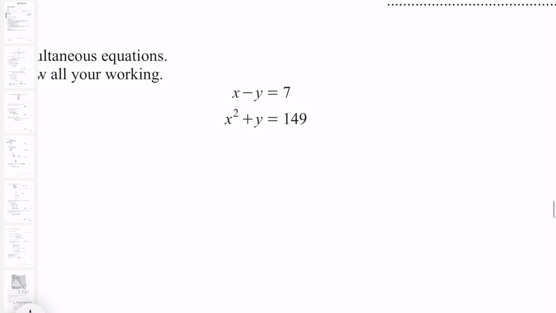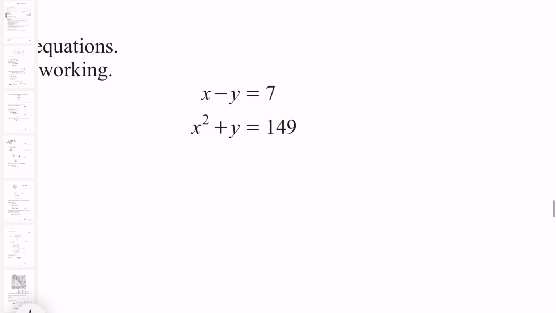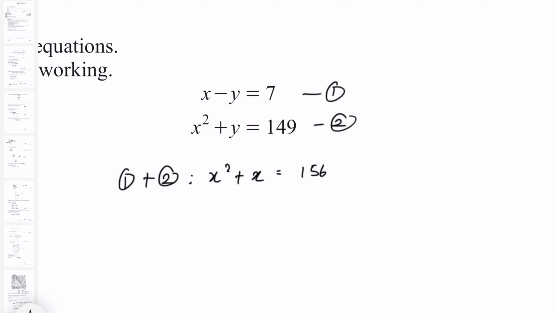Solve the simultaneous. Okay, so this is equation 1, this is equation 2. I'm going to add them. So 1 plus 2, that equals x squared plus x equals 149 plus 7, that's 156. So x squared plus x minus 156 equals 0.